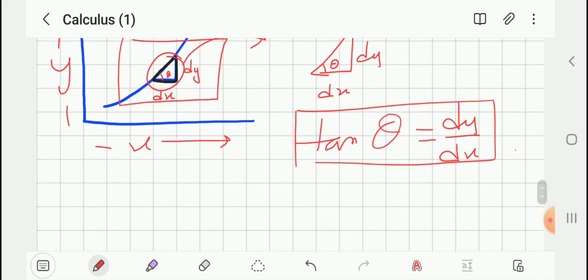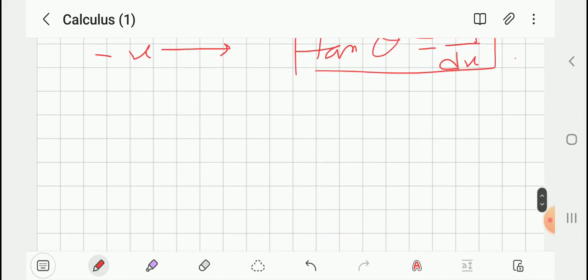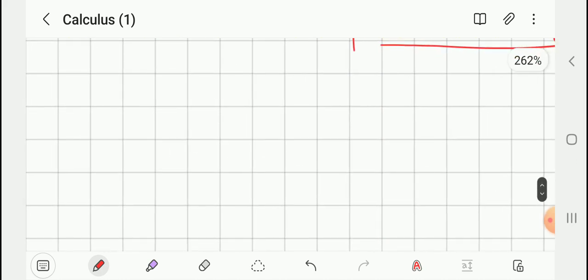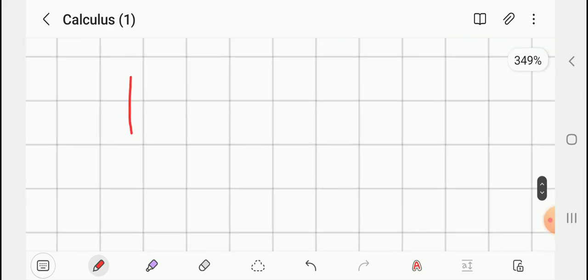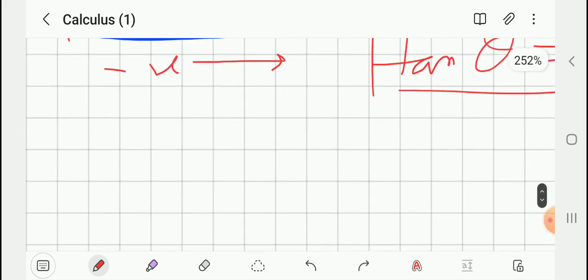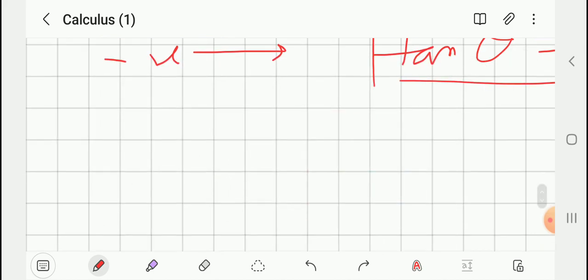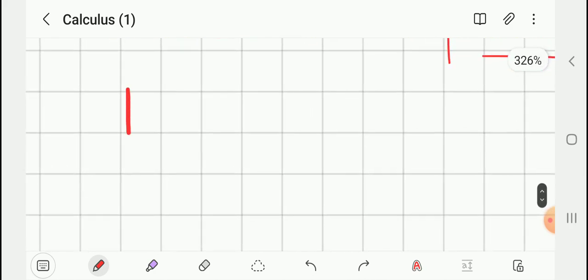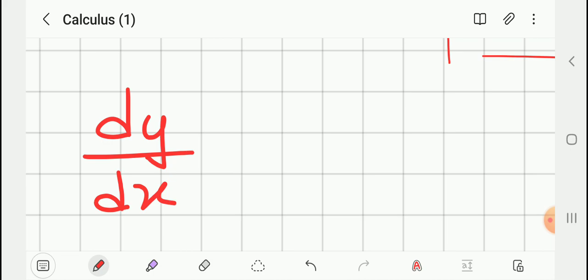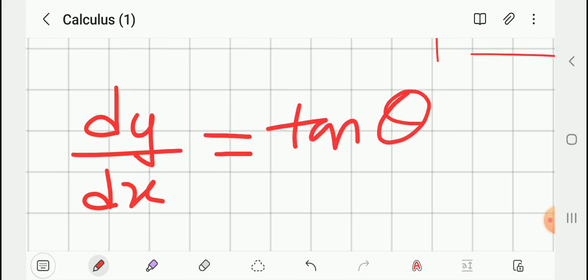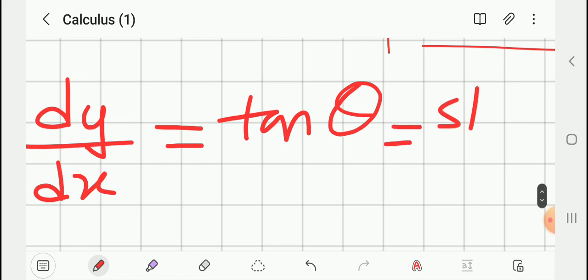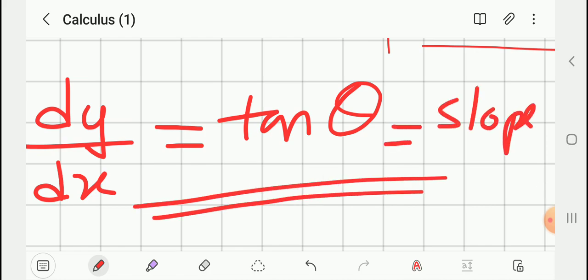So tan theta is the slope, and we can conclude that dy by dx is equal to tan theta, which is equal to the slope for a graph.